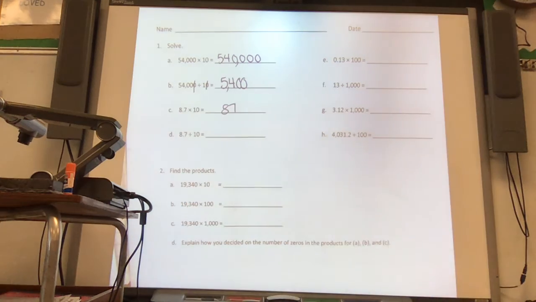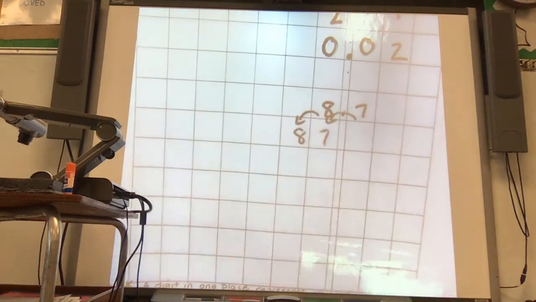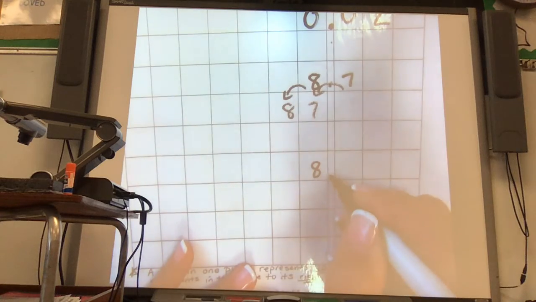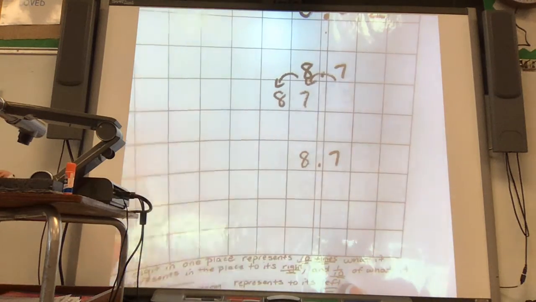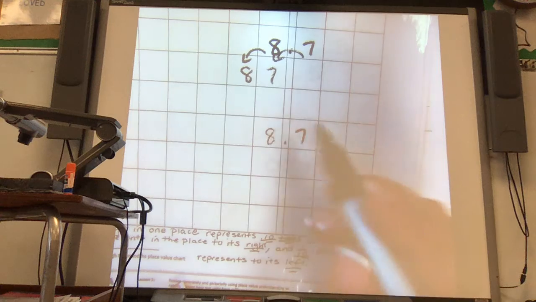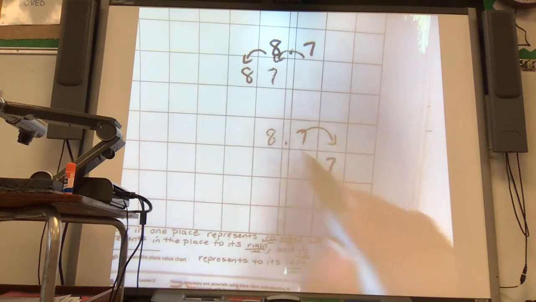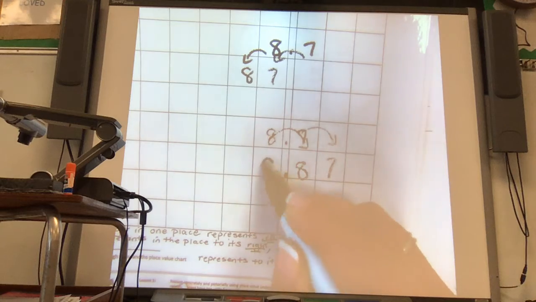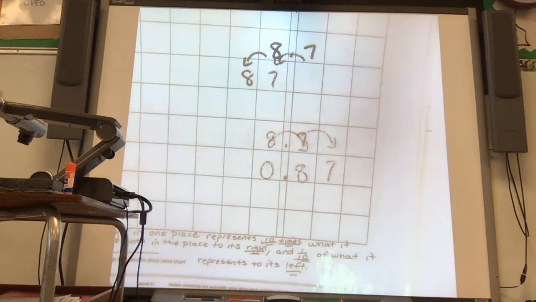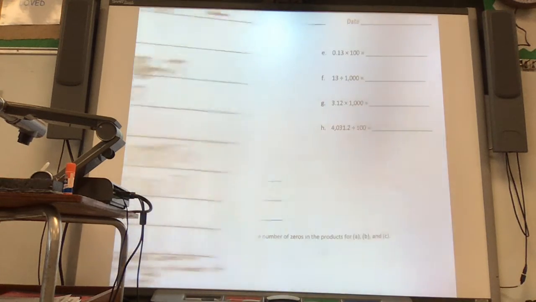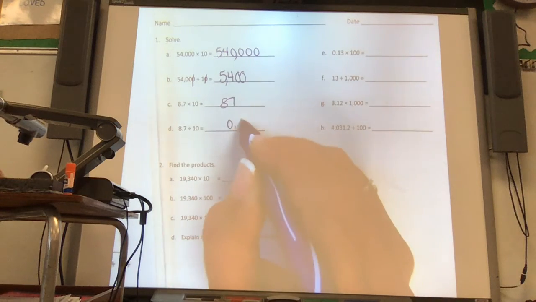And on letter D, we're doing the exact opposite. We're going to divide. So instead of going to the left, we're going to the right. Over 1, and we put our 0 there in the ones place, and our answer is 87 hundredths.